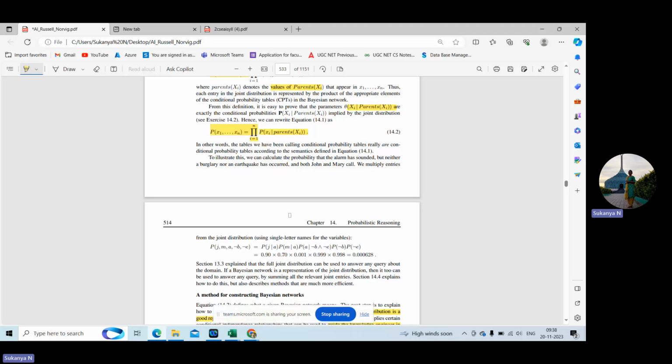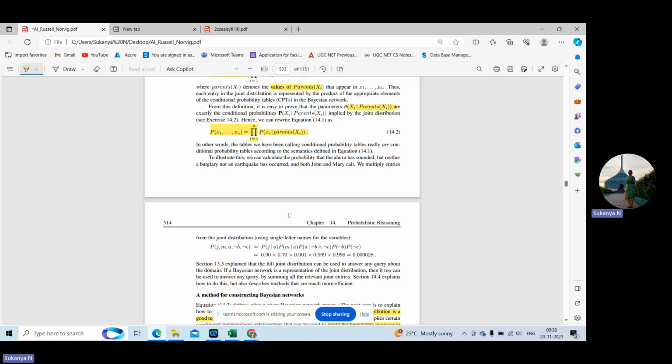We can construct it using the representation of this joint distribution, and we can use this conditional independence relationship to write this equation, or to construct the Bayesian network.